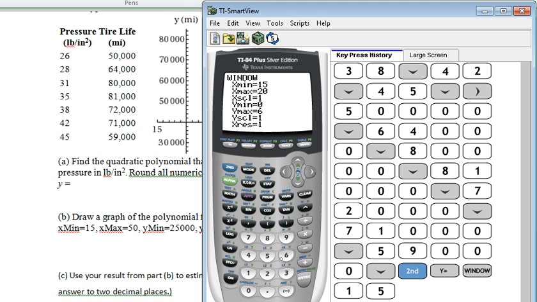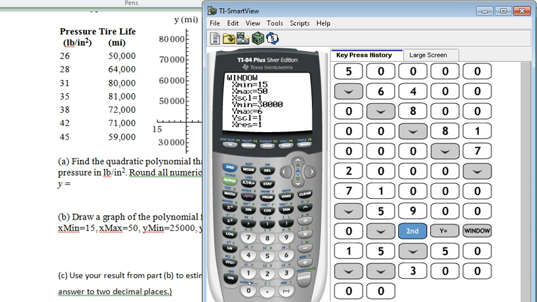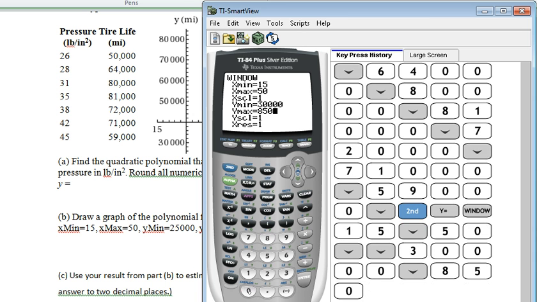Then we're going to go to the window and we're going to set the X min at 15, the X max at 50, the Y min at 30,000, and the Y max at 85,000.